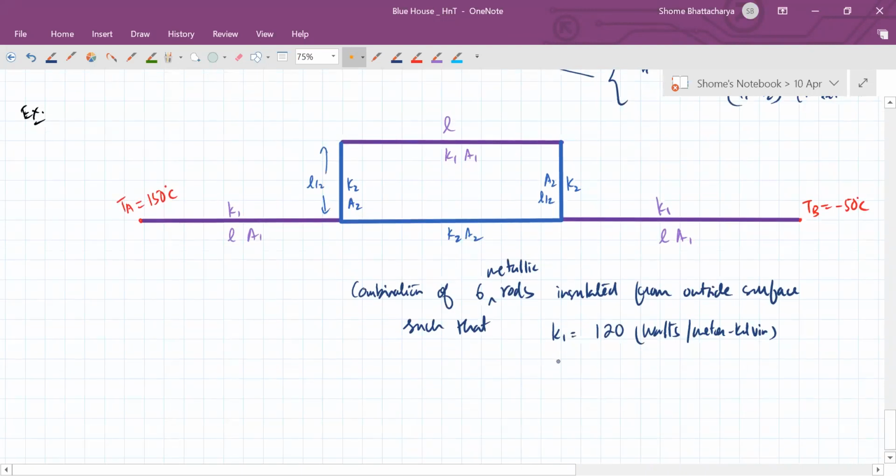So K1 is given as this, A1 is given as, let's say, 6 centimeter square, okay. And L is, say, 4 meters.